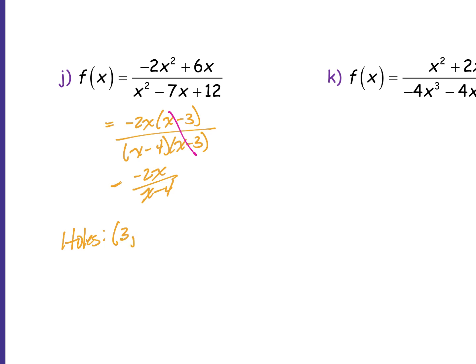So that's going to be -2 times 3 over 3 minus 4, which gives -6 over -1, so 6. Vertical asymptote is going to be x equals 4.